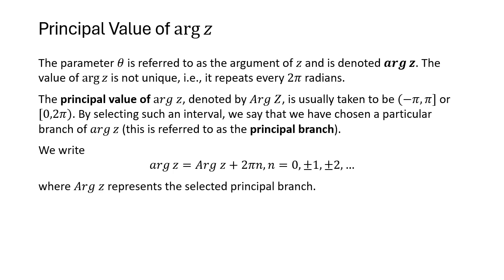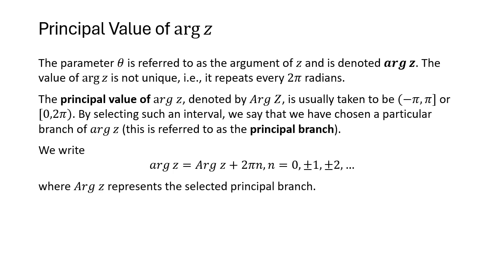And that gives us multiple values for a single complex number. So in order to get a unique value, we normally pick what's called the principal value of the argument, and that could either be between minus pi and pi, or 0 and 2 pi. And once we do that, we call that the principal branch of the argument.